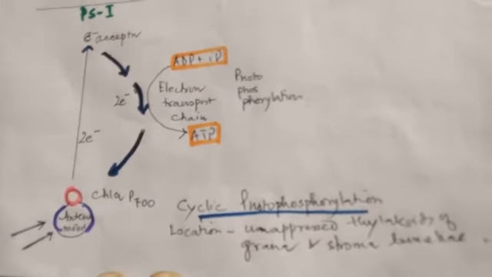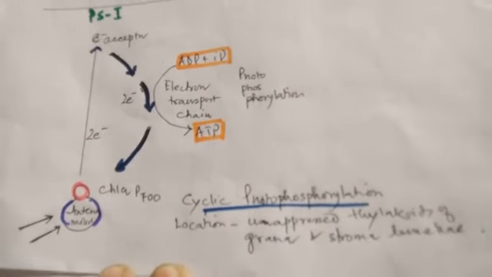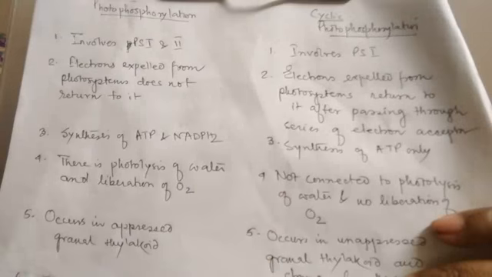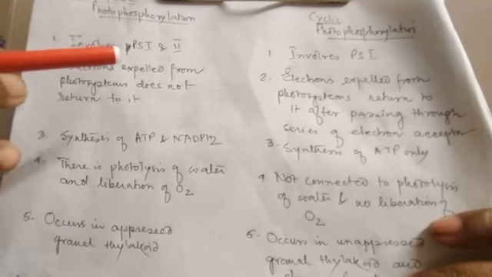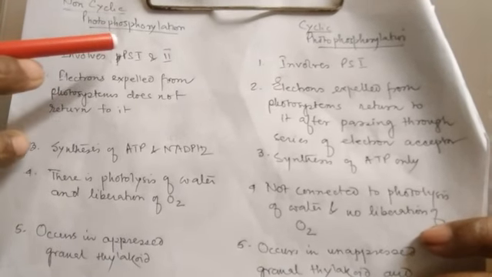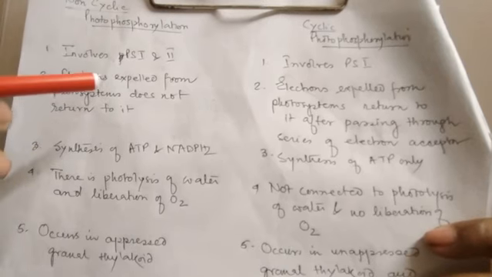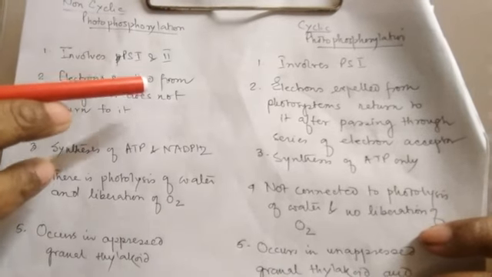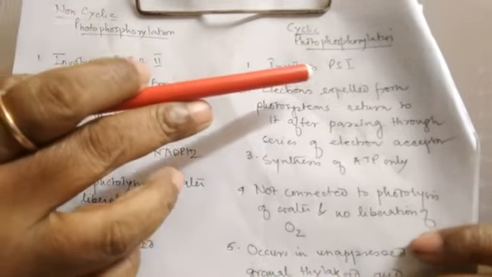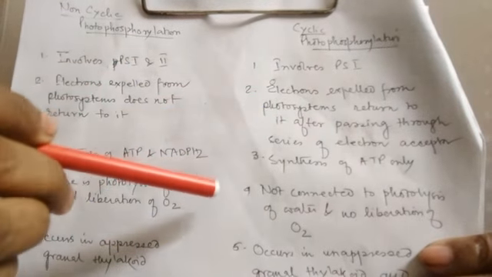Clear? And it occurs in the unappressed grana and the thylakoids. So here we can see the difference from non-cyclic photophosphorylation. Photosystems 1 and 2 both are involved in non-cyclic, but in cyclic photophosphorylation only photosystem 1 is involved.